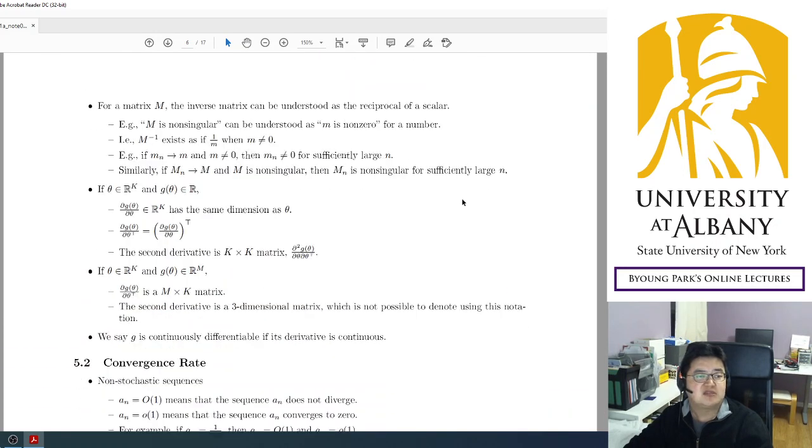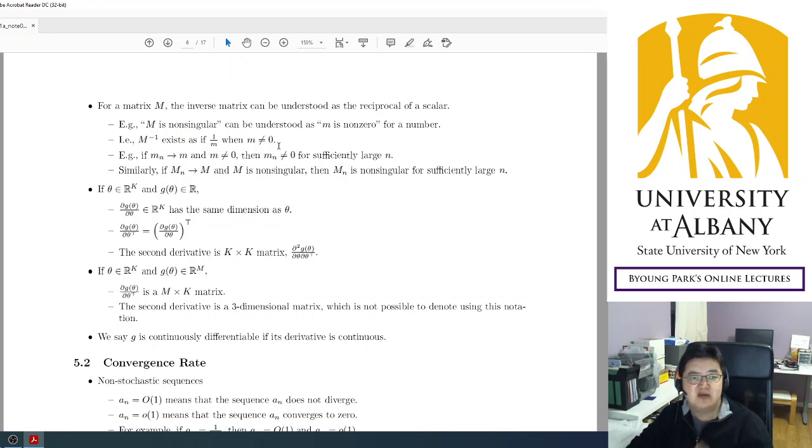Next, for matrices, the inverse matrix is simply the generalization of the reciprocal of a number. It is 1 over m if m is a number, and for a matrix, we write it this way. Even when it is a number, you need to assume that the denominator is not 0.